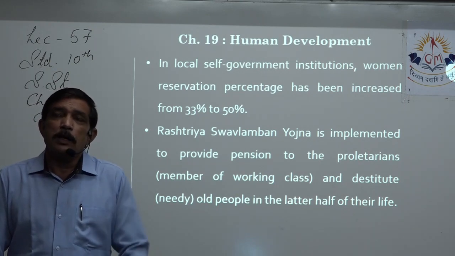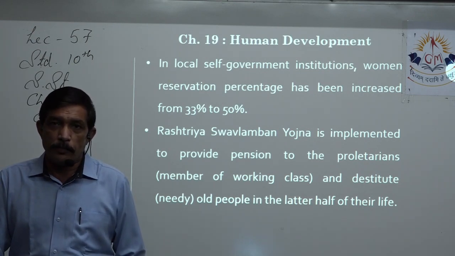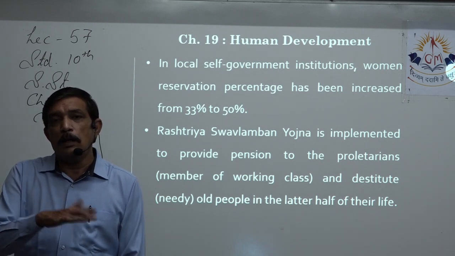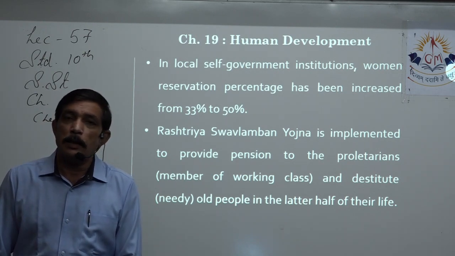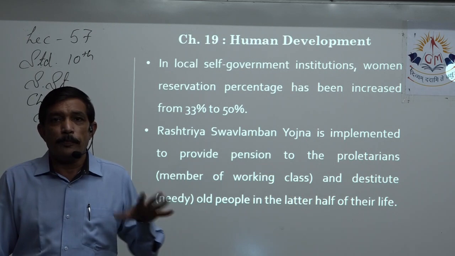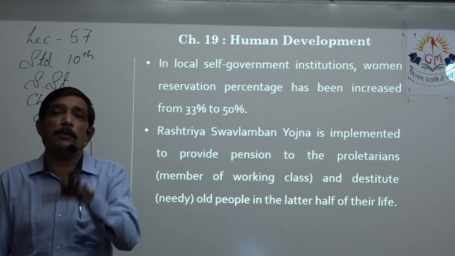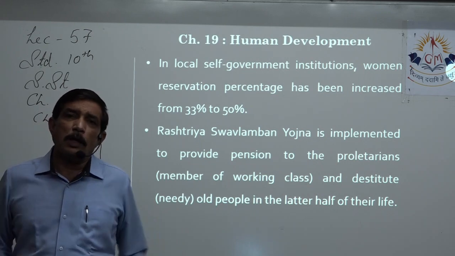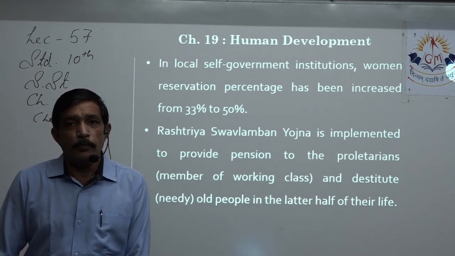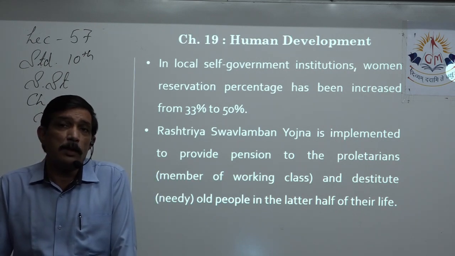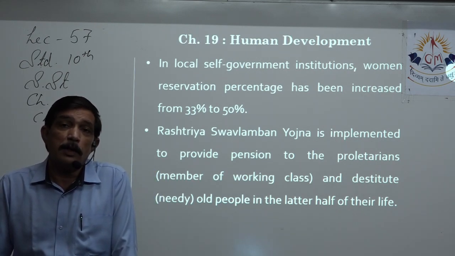Say, for example, farmers grow crops in their fields and sell them in the market and get money. Till they are young, say 30, 35, 40, 45, 50, even 55, they keep working hard in the field, growing crops and feeding and serving their families.